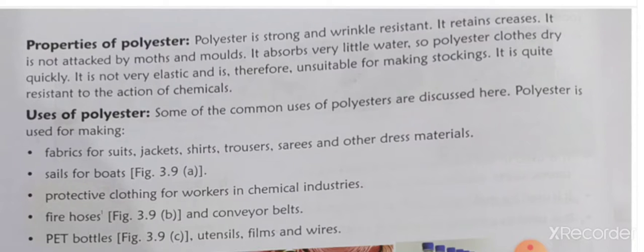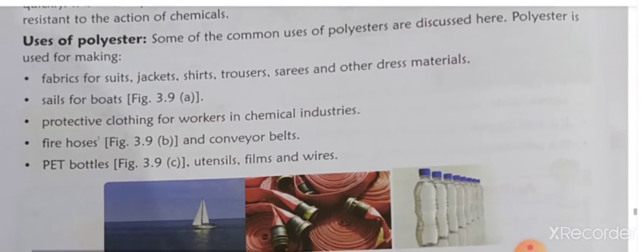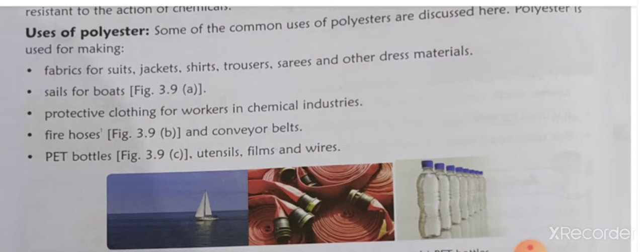Some of the common uses of polyester are: fabrics for suits, jackets, shirts, trousers, saris and other dress materials. Sails for boats. Protective clothing for workers in chemical industry.